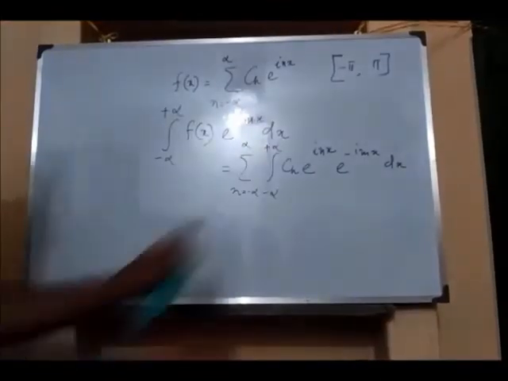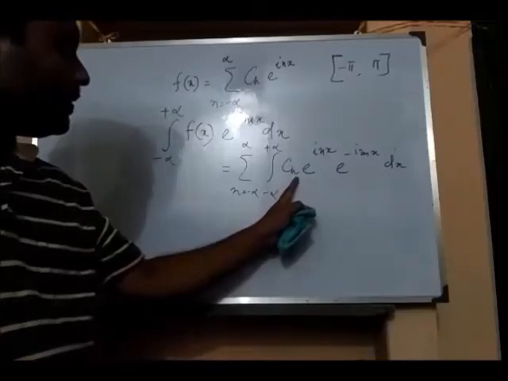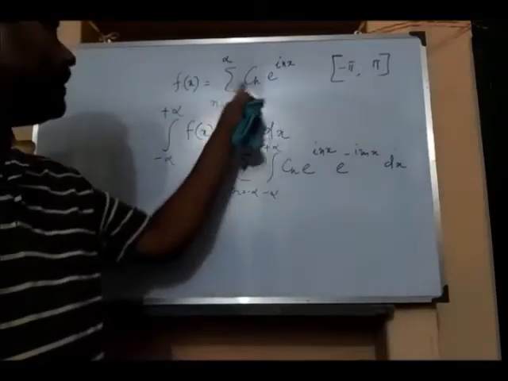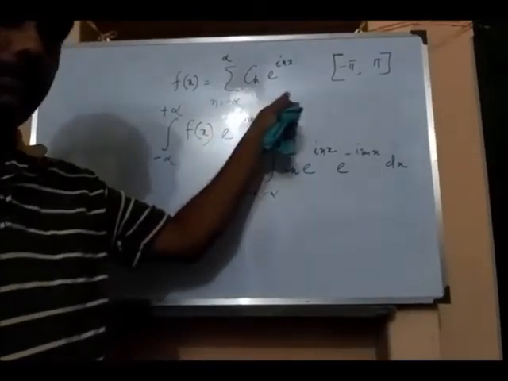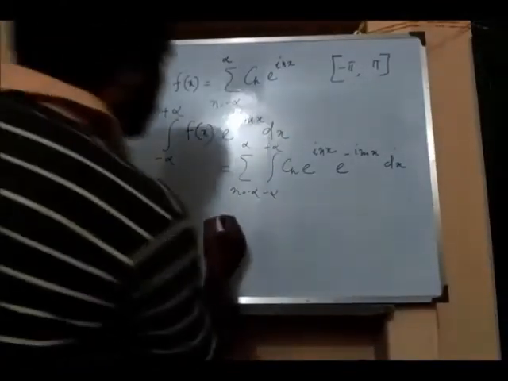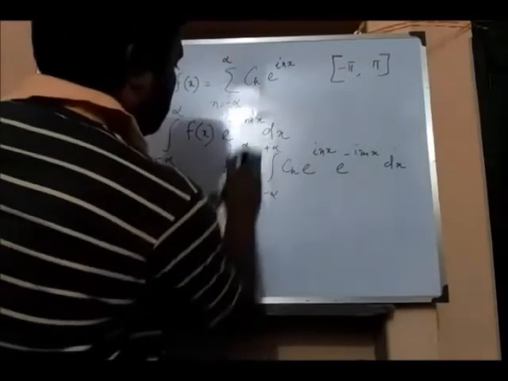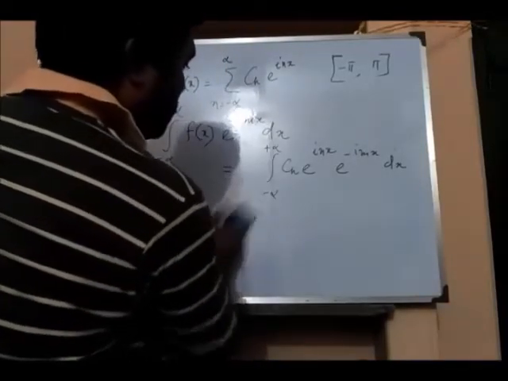Okay, this c n term contains both a0, an and bn terms. Now what will you get? Remove this sum here to calculate the integration.